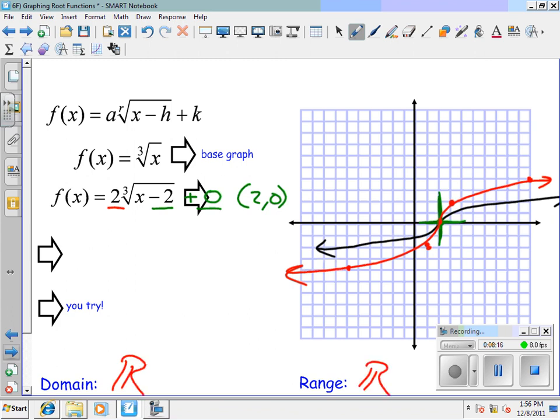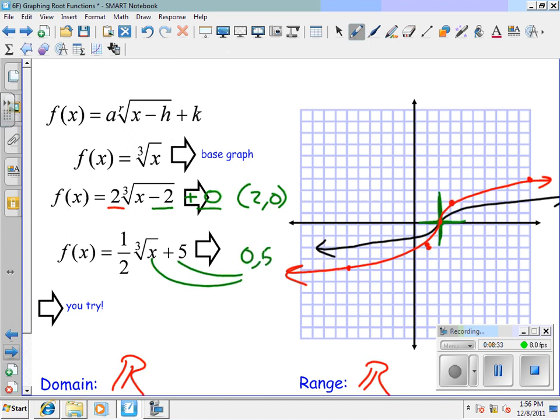Okay, let's look at one more example. I'll do this one in green. And we're going to have a starting point of (0, 5). So I have a value up here. That's our new starting point. So let's move our base curve there.